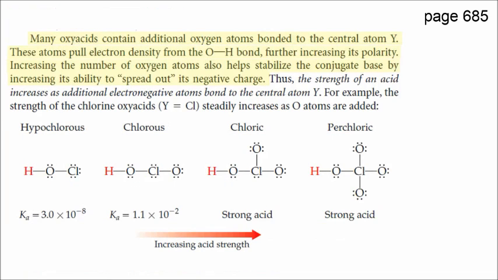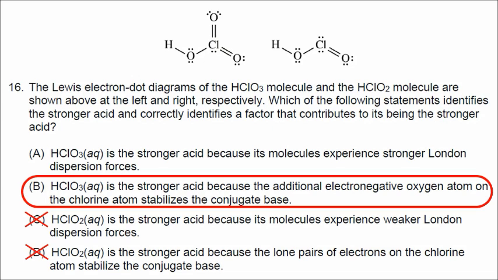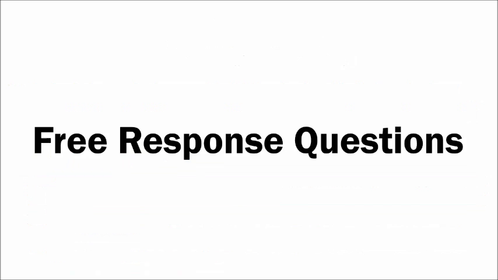Here it's this idea of stabilizing the conjugate base that they discuss on page 685. It says many oxyacids contain additional oxygen atoms, and that helps to pull electron density from the OH bond, increasing the polarity and stabilizing the conjugate base. So the correct answer is that HClO3 is the stronger acid, and it's because of the stabilization of the conjugate base.